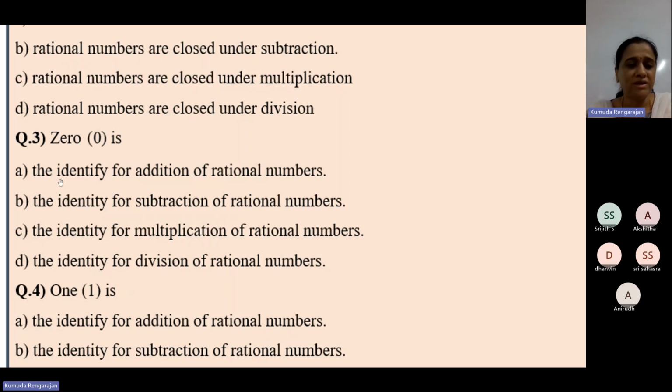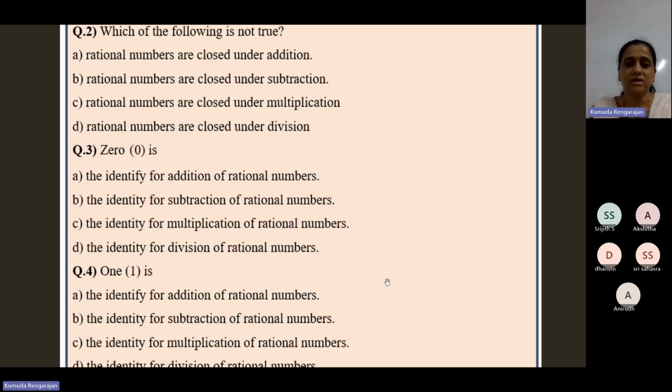Okay. Option A: the identity for addition of rational numbers, for subtraction, for multiplication, for division of rational numbers. Zero is the identity for addition of rational numbers.